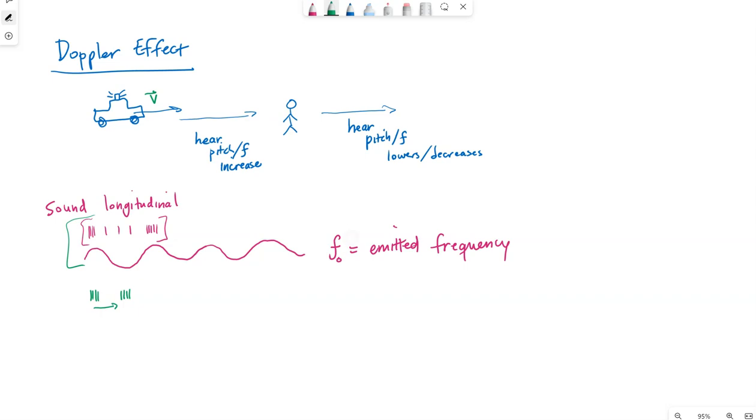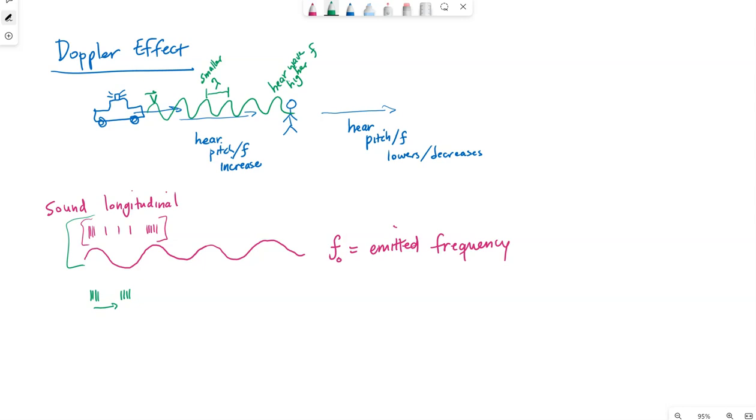So if I was to represent the sine wave that we would be hearing, we would hear a wave that has a smaller wavelength. Sorry, I am just drawing wavelength, not frequency. So we're observing a wave now that has a smaller wavelength, which means we hear a wave with a higher frequency.